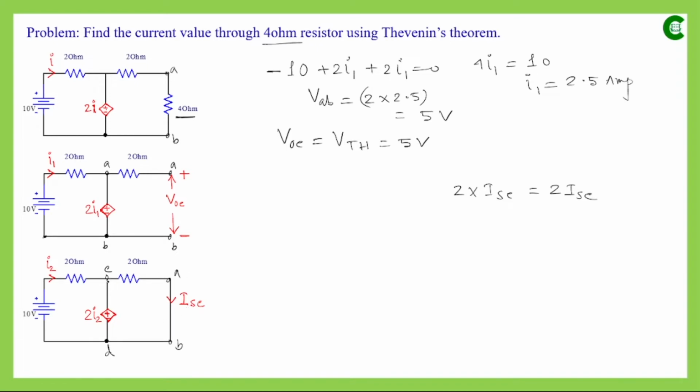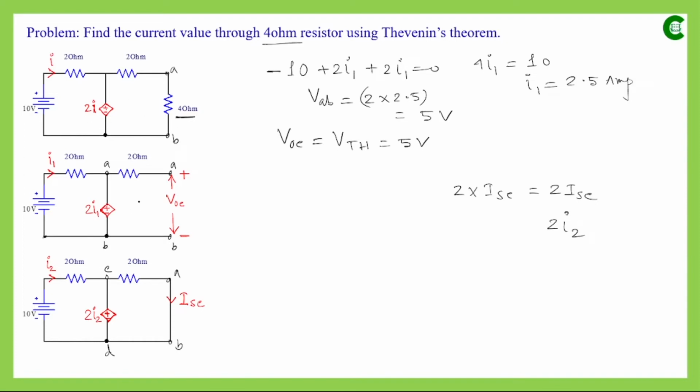The voltage value of this voltage source is 2I2, as we can see in this circuit, and this time it is I2 because in the original circuit the current flowing through this 2 ohm resistor was assumed as I, which had the combined effect of the independent source and the dependent source, and we also had this resistor.